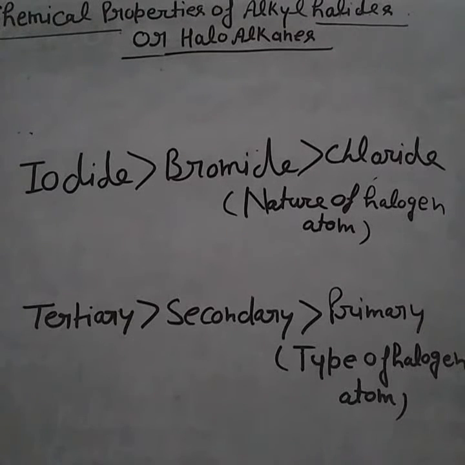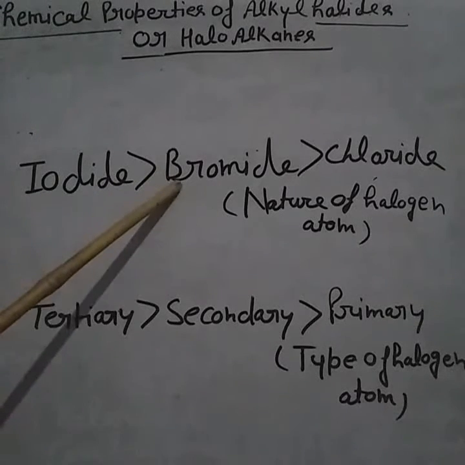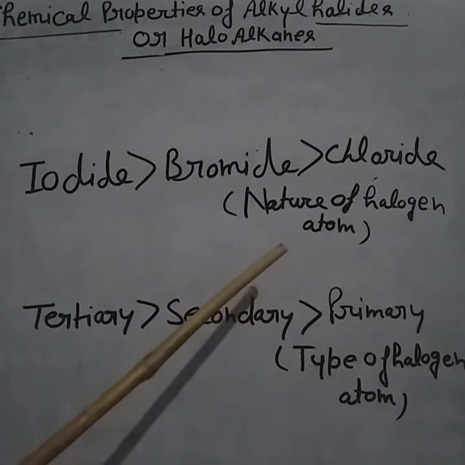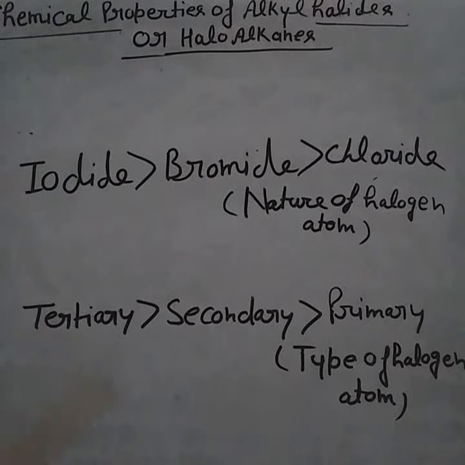The order of reactivity of the halogens is iodide, bromide and chloride. It depends on the nature of the halogen atom, and on the type of alkyl halide: tertiary, secondary and primary, or the number of halogen atoms.